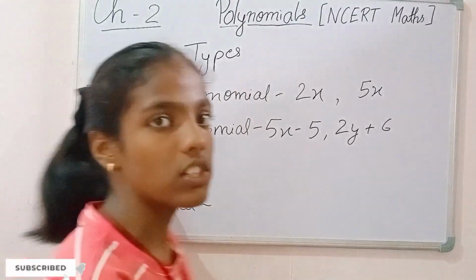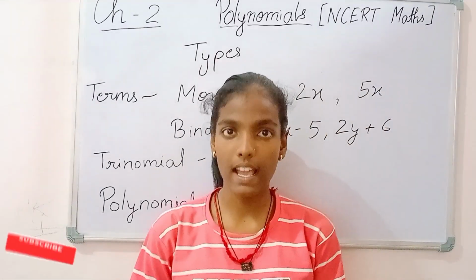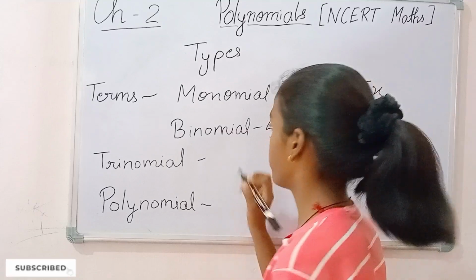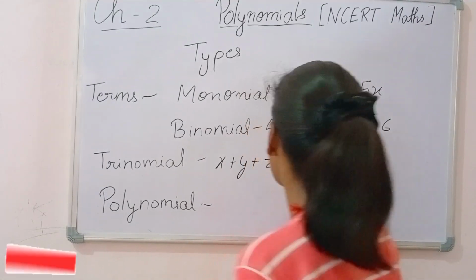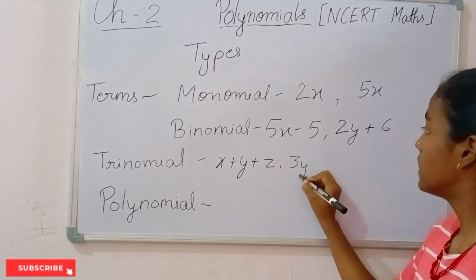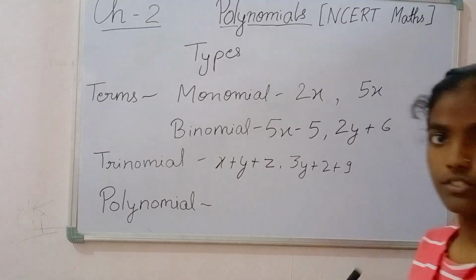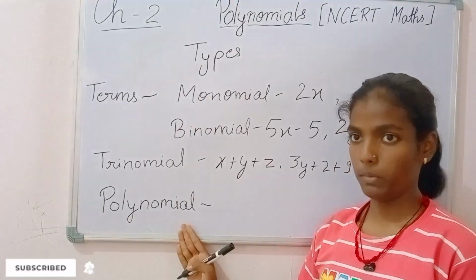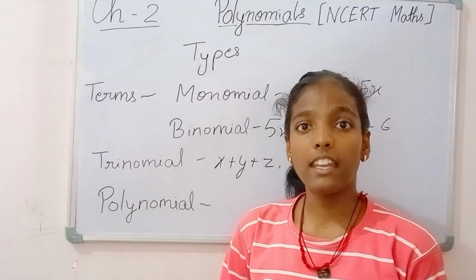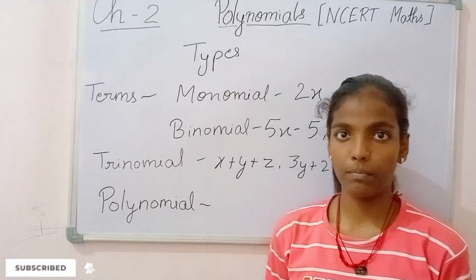Next one is trinomial. Trinomial means an expression that has three terms, like x plus y plus z, 3y plus 2 plus 9. These are the examples of trinomial. And the last is polynomial. Polynomial means an expression that has one term or more than one term.